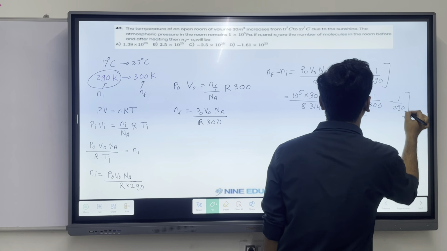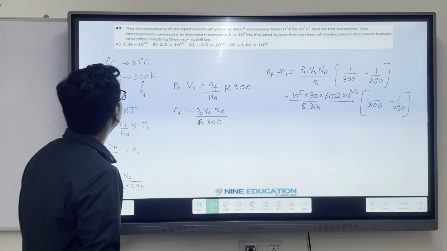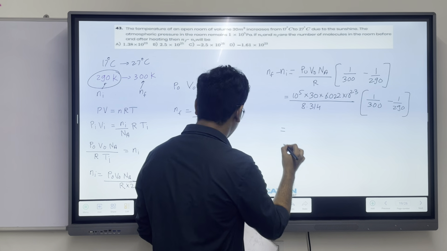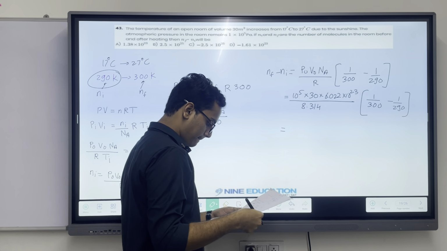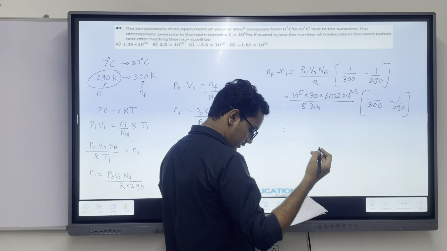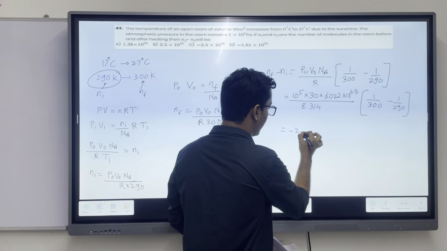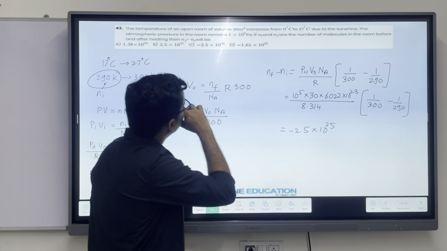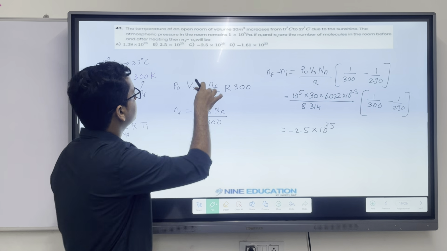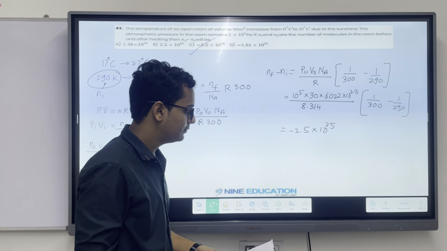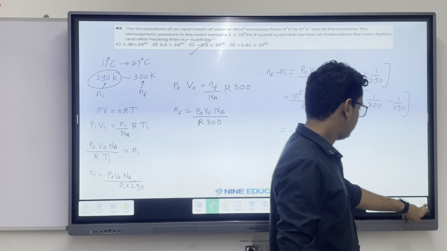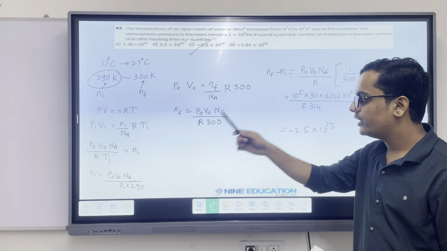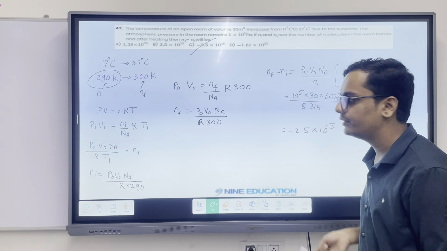You can see you are going to get some negative answer, and that negative answer, I did the calculation, is approximately equal to minus 2.5 into 10 power 25. Okay, this is the result. So just write down PV equal to NRT for initial and final condition and subtract to get the final answer.